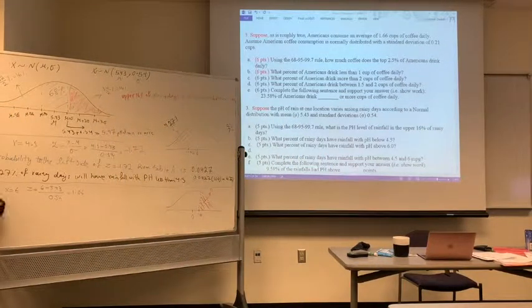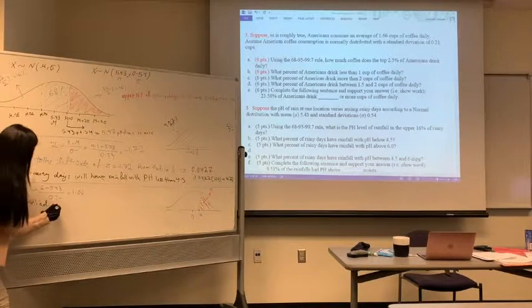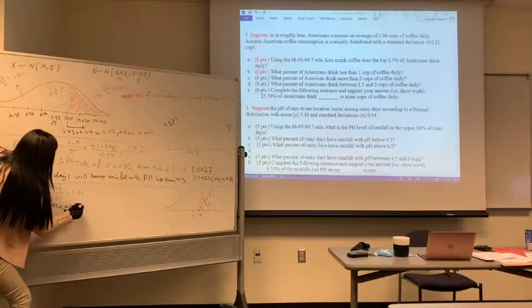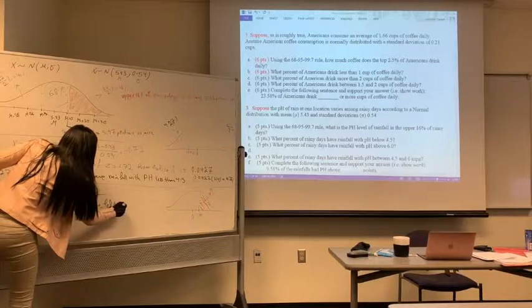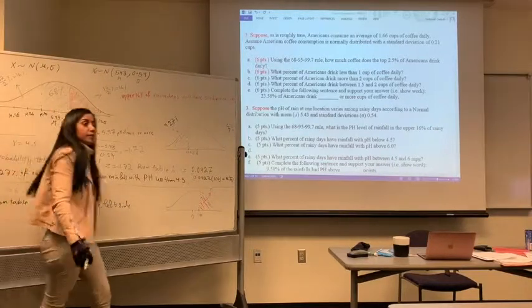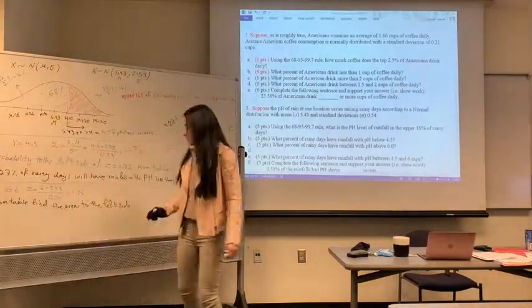Now, from the table, find the area to the left side, because we can always only find the area to the left side of z, correct?